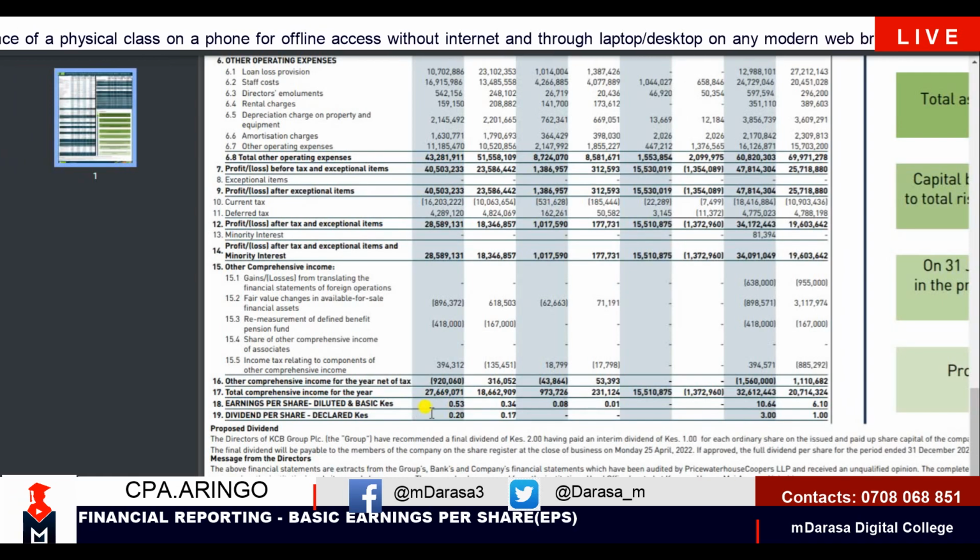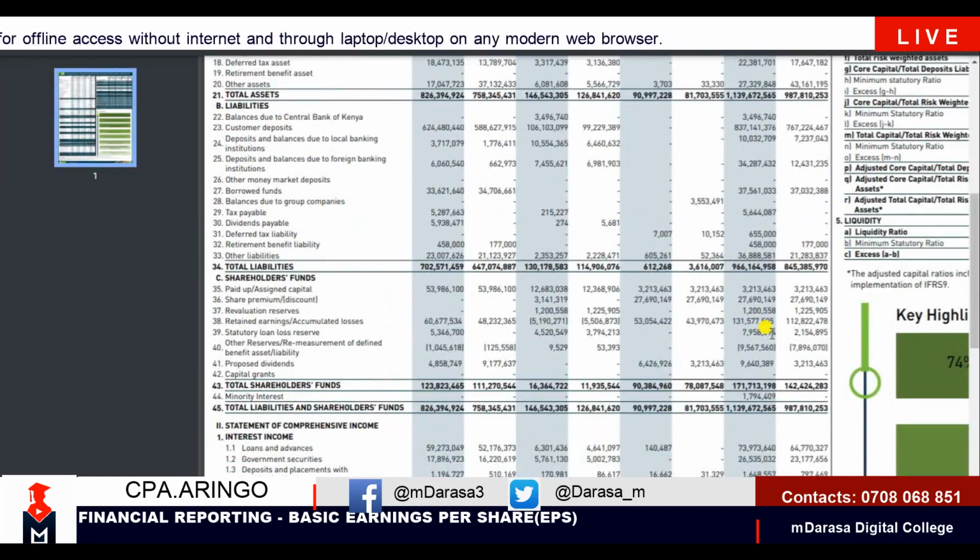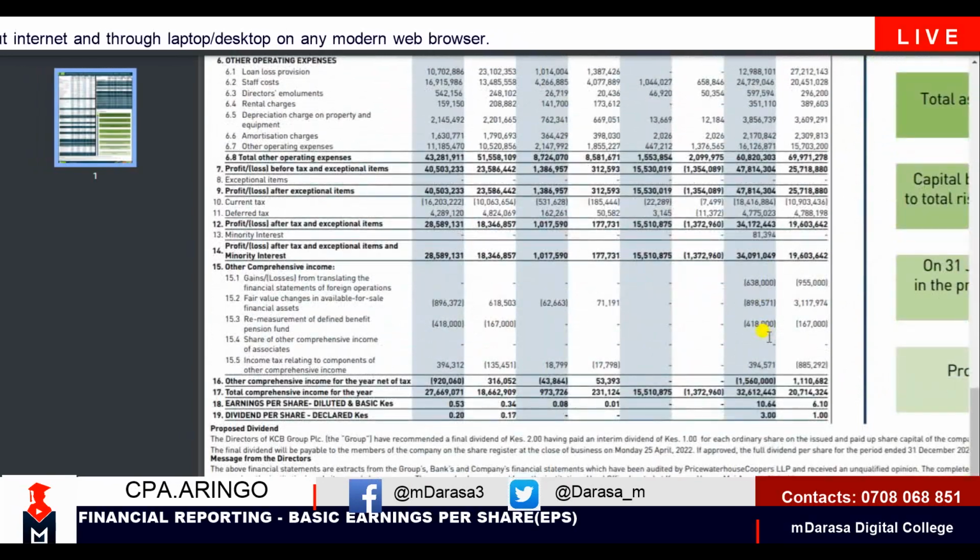So we can clearly see that for KCB, on a consolidated basis, later on, my good students, looking at the practicability of this, I'm going to show you how they arrived at 10.64 per share and 6.10 per share. Recall, this is for 2021 and 2020 respectively. You can clearly see that the earnings per share for KCB was 10.64 for the year ending 31st December 2021, which was a profit, right?